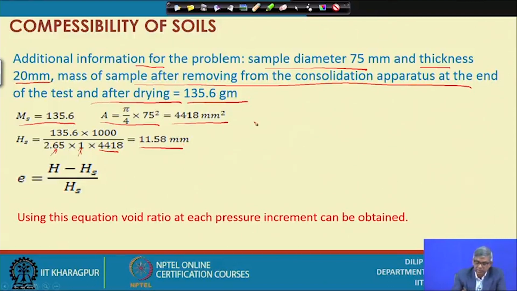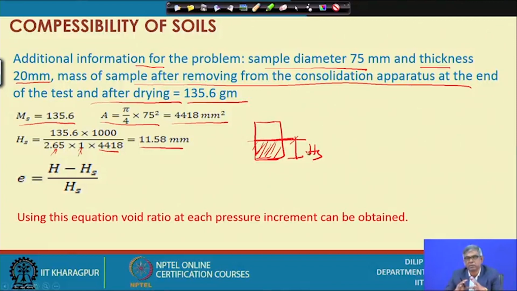So, if there is a total soil, whatever may be the thickness, out of 135 gram soil, and if that is the diagram, the diameter is mentioned and the total thickness is also mentioned. Out of that, if the dry weight is this, what is the equivalent HS? When you consider HS, you are considering this as a solid with no void in it. Whatever solid is there, theoretically I am putting it together.